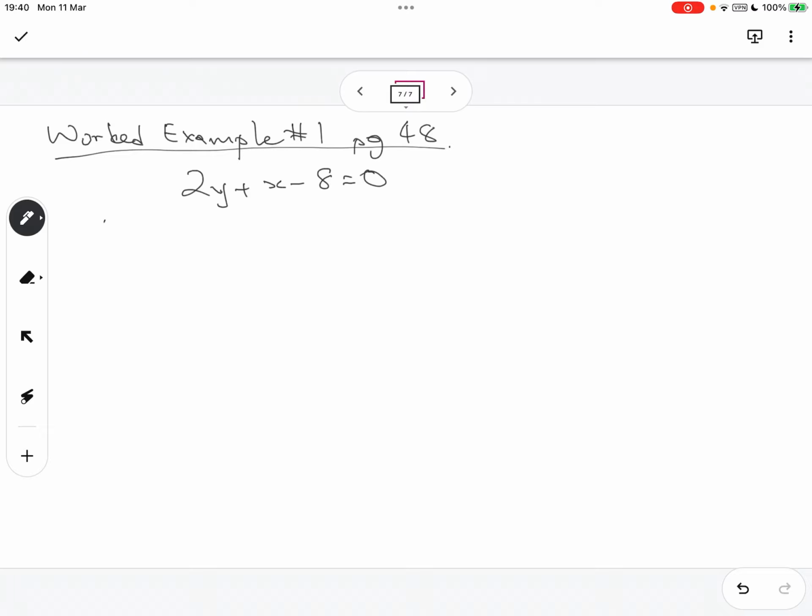So we must draw the graph and determine significant characteristics. So significant characteristics are the things that are important about the graph.